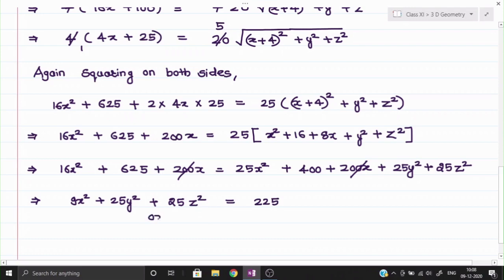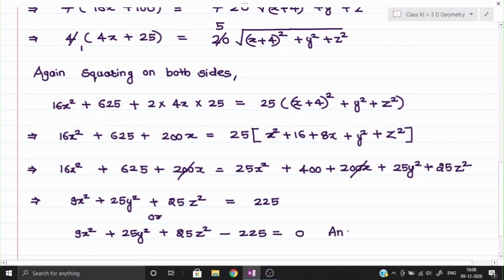Or you can write down this equation as 9x square plus 25 y square plus 25 z square minus 225 is equal to 0. This is your answer.